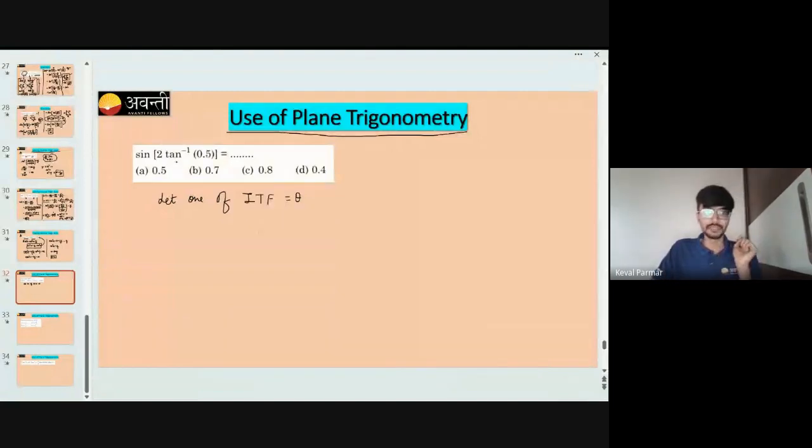Let us see here in this example. Here we can see tan inverse of 0.5. So there is only one inverse trigonometric function here. So we assume that tan inverse of 0.5, meaning half, as theta. Now by plain trigonometry definition, I can write tan theta is equals to half.